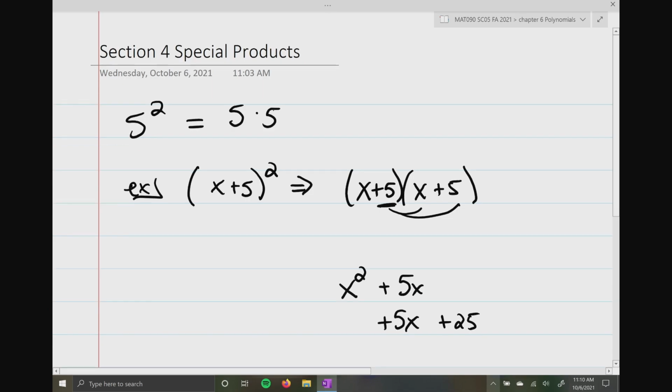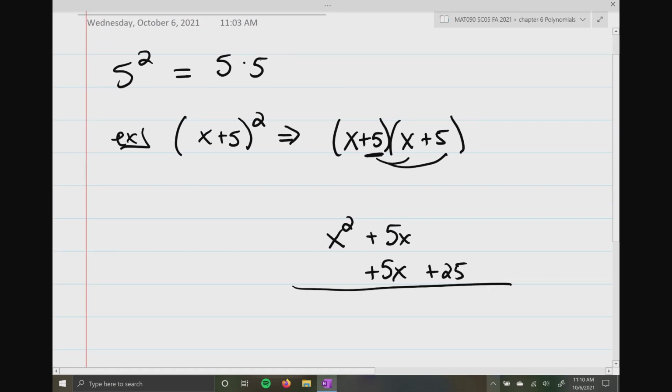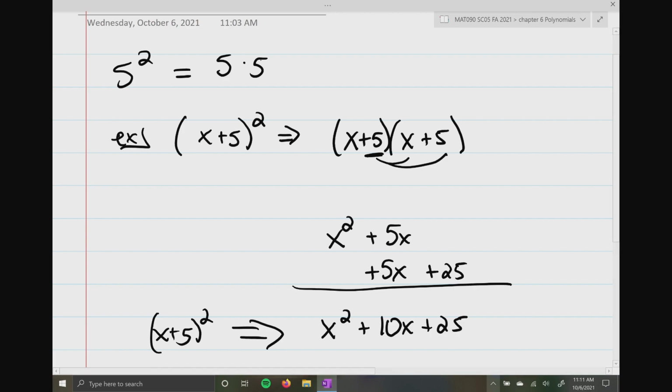So now, when I combine these together, I get x squared plus 10x plus 25. And that is what the quantity x plus 5 to the second power is. In other words, what we had to do first was write it out. You got to write it out.